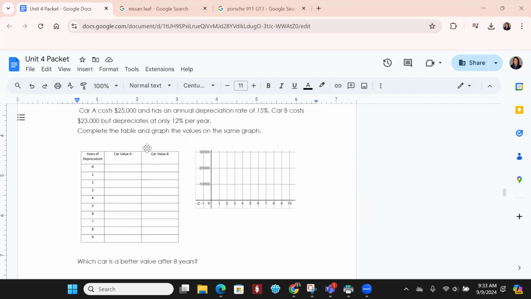So on the first year, car A was $25,000, right? We're going to fill in this table. So each year we're losing 15%. That means that we're going to do 25,000 times (1 minus 0.15) raised to the whatever year it is.